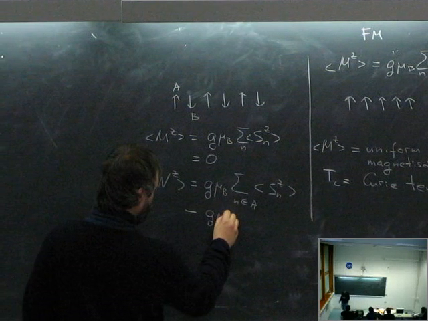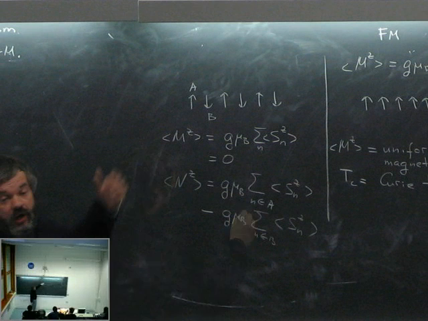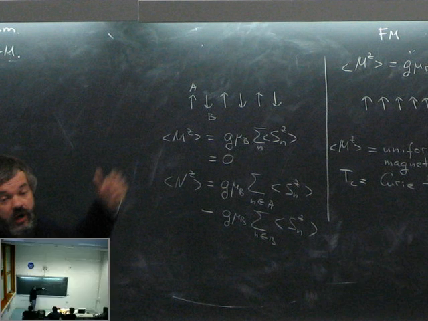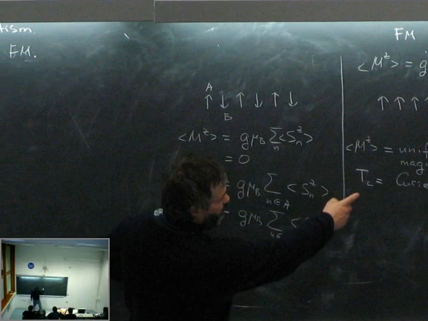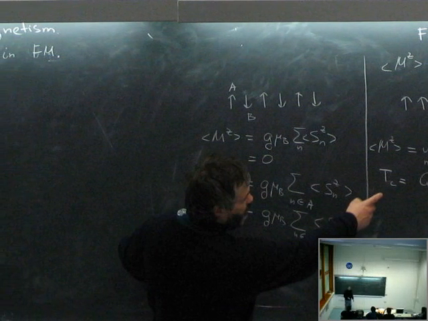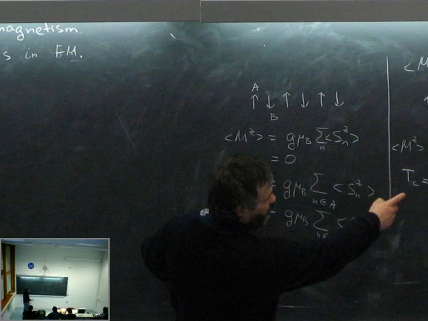So I divided my system into two sublattices, and I took a difference of magnetization on sublattice A and B. And clearly this quantity is not zero below critical temperature, and in some sense it behaves the same way as the magnetization for ferromagnets. Namely, if I plot M, it doesn't provide me any useful information because it is zero both below critical temperature and above critical temperature.